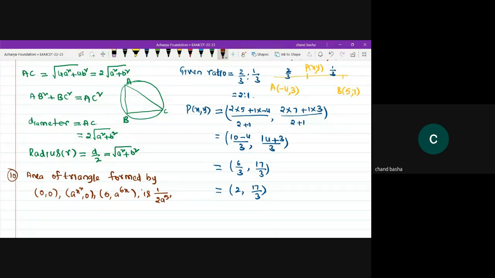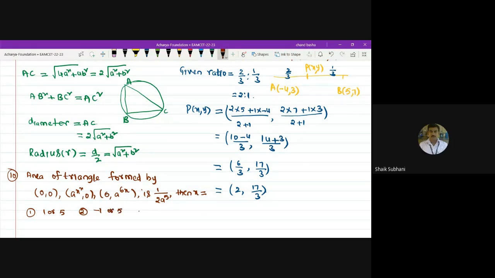Then x is equal to... The options: first option, 1 or 5; second option, minus 1 or 5.